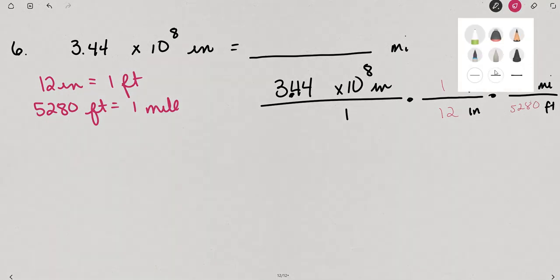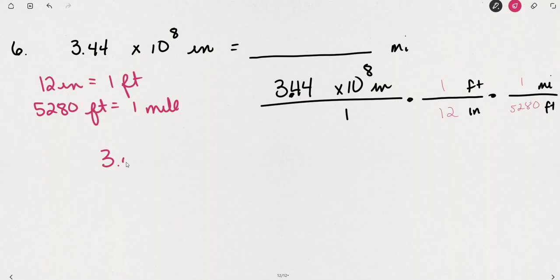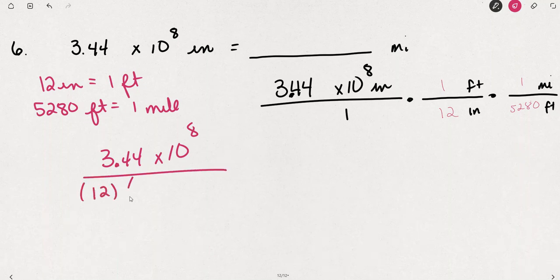So it looks like what I'll need to do is 3.44 times 10 to the 8th all over 12 times 5,280.